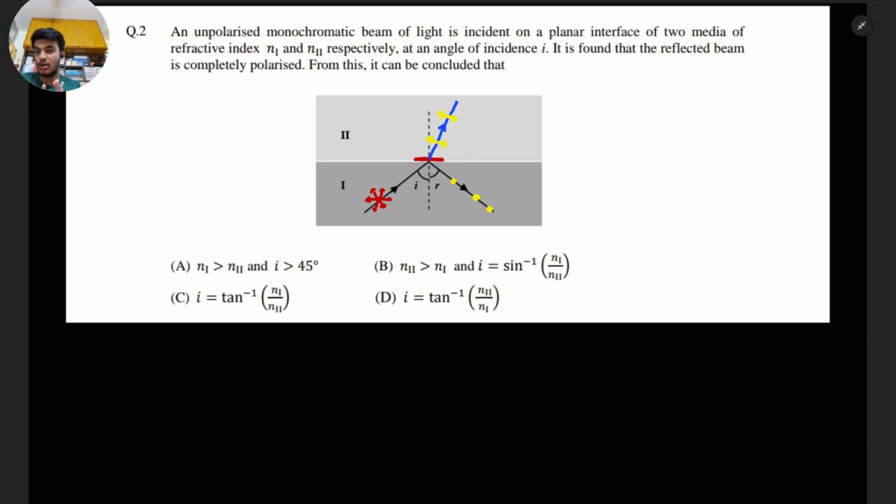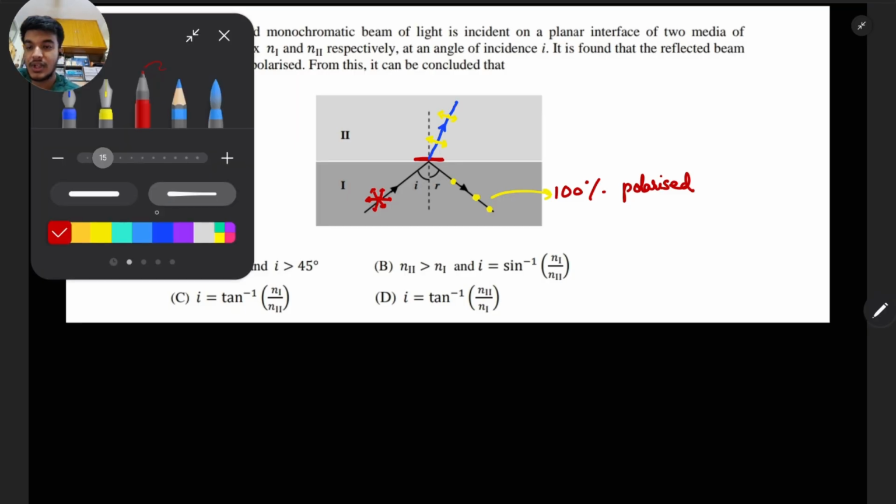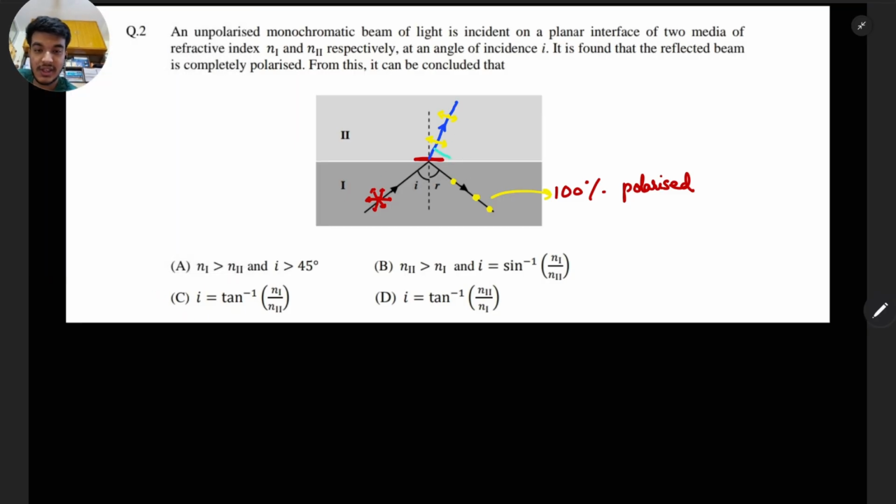from Brewster's law, we know that this reflected ray can be 100% polarized, or completely polarized, if and only if this angle is 90 degrees, which means the angle between the reflected ray and the transmitted ray is 90 degrees.